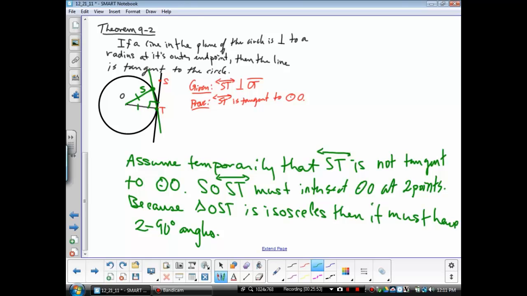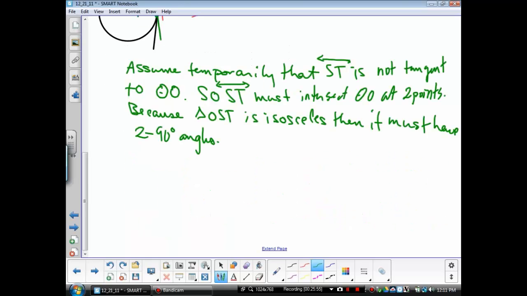This is impossible, so what we assumed must be incorrect.